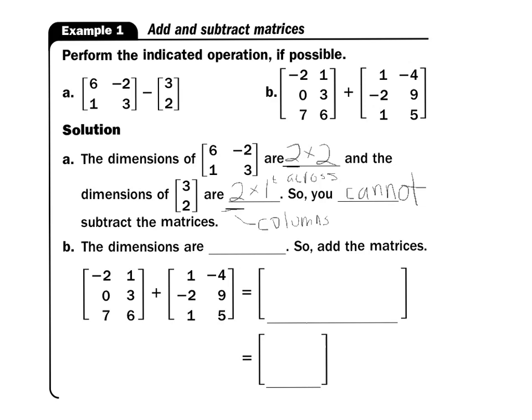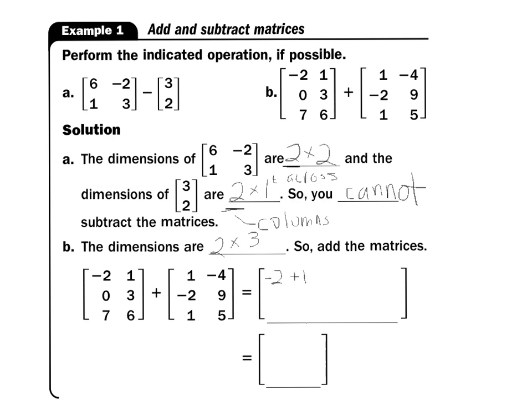Now in B, though, they are the same. So we do need to say the columns first. How many columns are there? Like columns on a house, there are 2 of them. And then how many rows are there across? 3. So this is a 2 by 3. So we can add these. What is negative 2 plus 1?